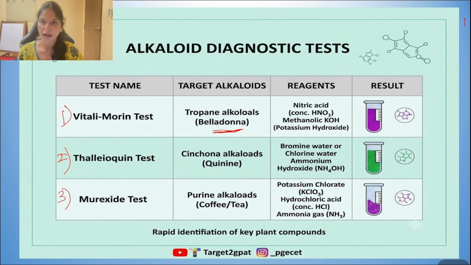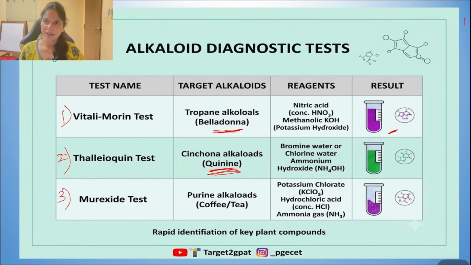So these reagents are a bit important when we take entrance exams like PGECET, GPAT, etc. These tests, along with their colors, are very commonly asked previous year questions. And here the color formed is green, Thalleioquin, green, quinine alkaloids.